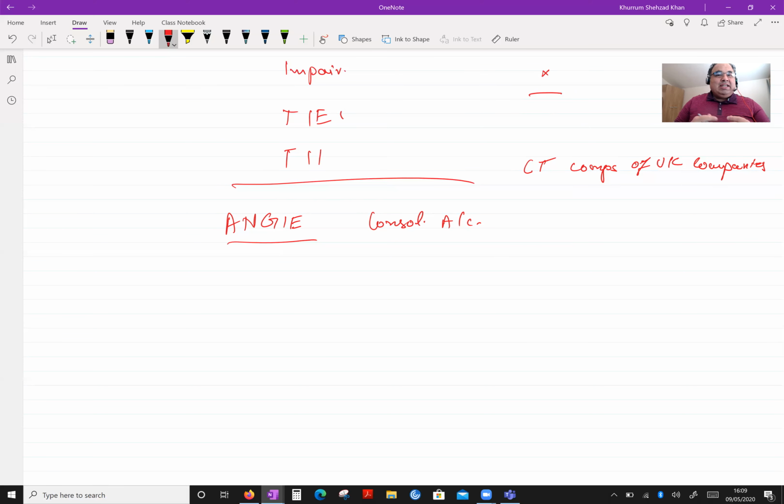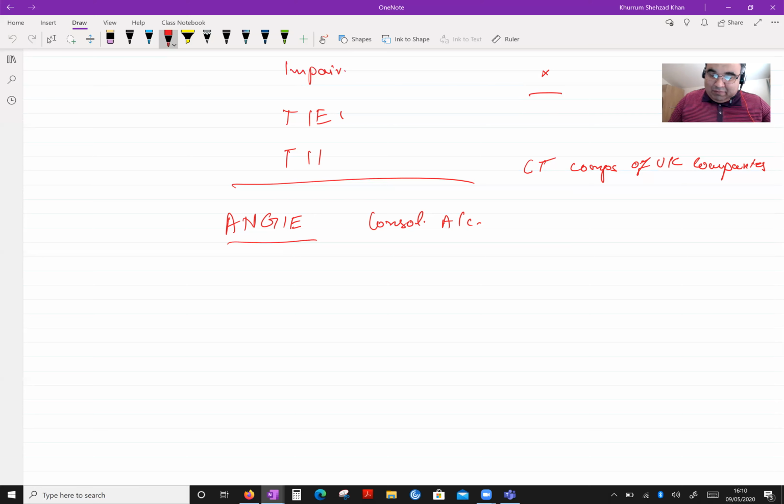Therefore, imagine there is a loan between two connected companies. If there is any interest on it, that will be netted off. That interest will not be recognized in the balance sheet and P&L. Now you will see all the interest expense and interest income in the consolidated accounts relates to third parties. There are no connected party elements in there.